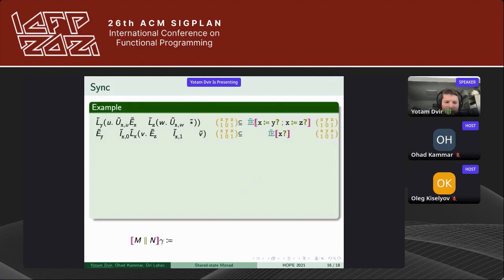So we want to see what happens where this plays the role of M and this plays the role of N. It's like the example we saw before. This was the program and this was the context here. What we do is, first of all, we're looking at it state by state. And that's one key thing that took us a while to think about: when we want to synchronize, we pick a particular state and only sync it at that particular state.